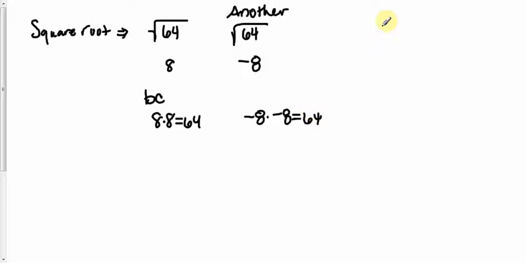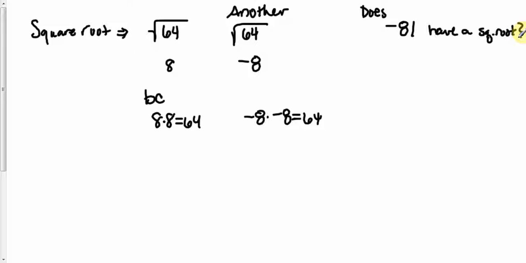Can you take the square root of a negative number? So does negative 81 have a square root? I hear no. Why? Because a negative times a negative is a positive, and a positive times a positive is a positive.